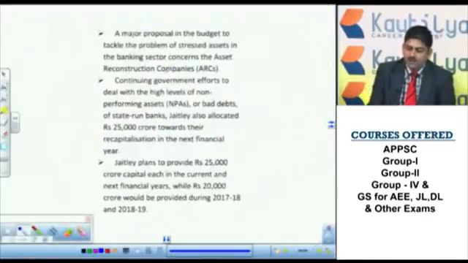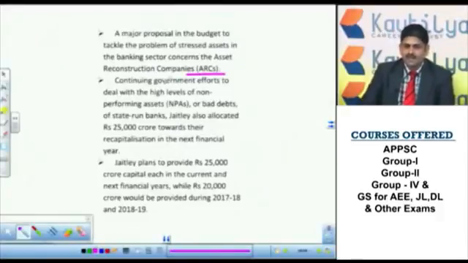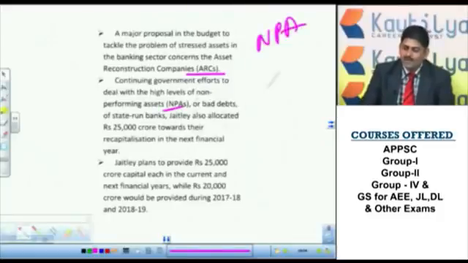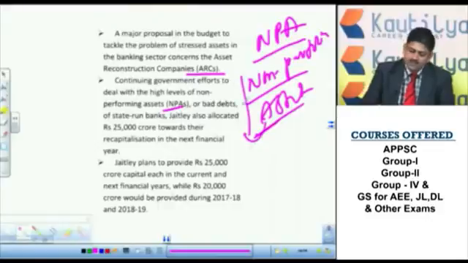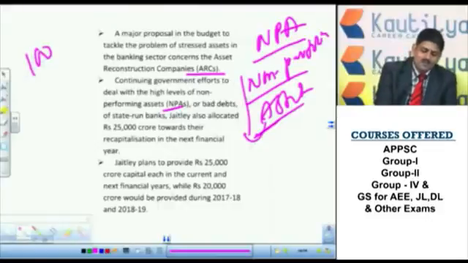Next, asset reconstruction companies. What are asset reconstruction companies? In order to understand them, we have to understand NPAs. NPA is non-performing asset. Suppose a person has taken a loan of rupees 100 crore.